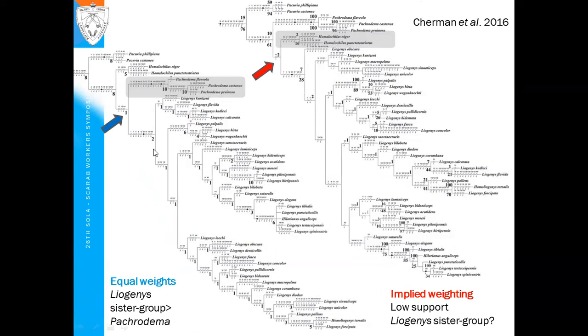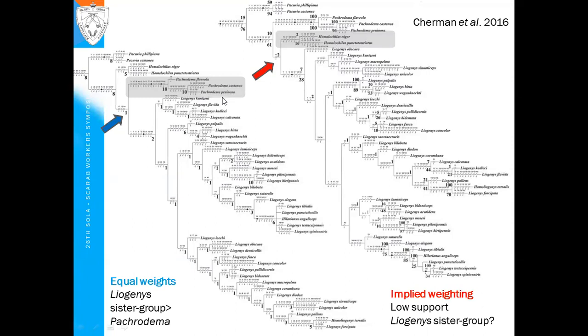When we tested the relationships within Diplotaxini, among the genera, we obtained 2 hypotheses. In one of them, using equal weights, we saw that Pacrodema came up as the sister genus of Lyogenys.